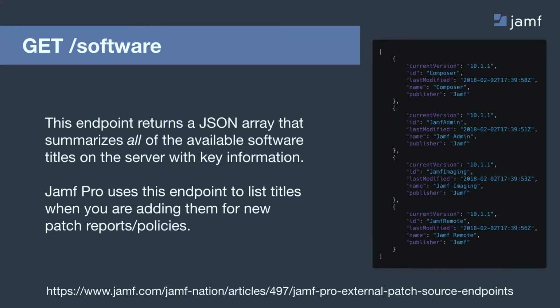It's actually doing a call to this endpoint on our official feed, and then it's displaying all the results. And it's only key details here, so we can see what the current version is supposed to be. We can see what the last modified timestamp was. We can see the name and the publisher, as well as the ID. And the ID is how Jamf Pro actually interacts with this service for retrieving those definitions.